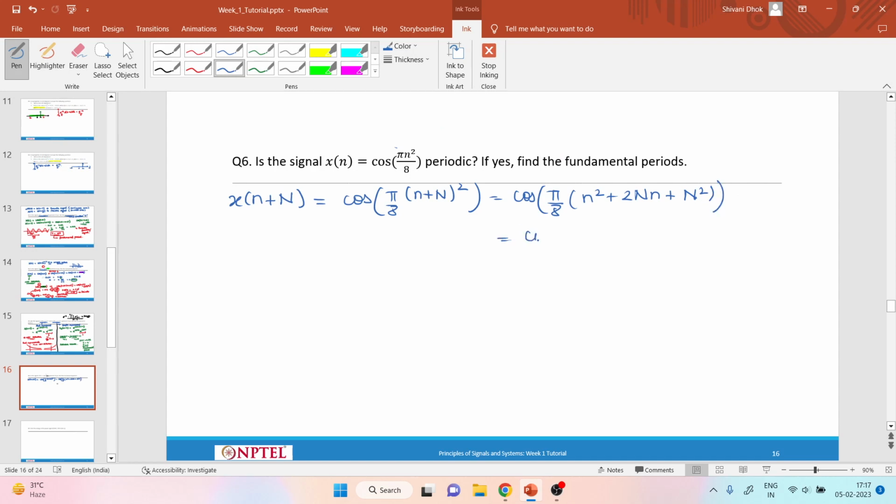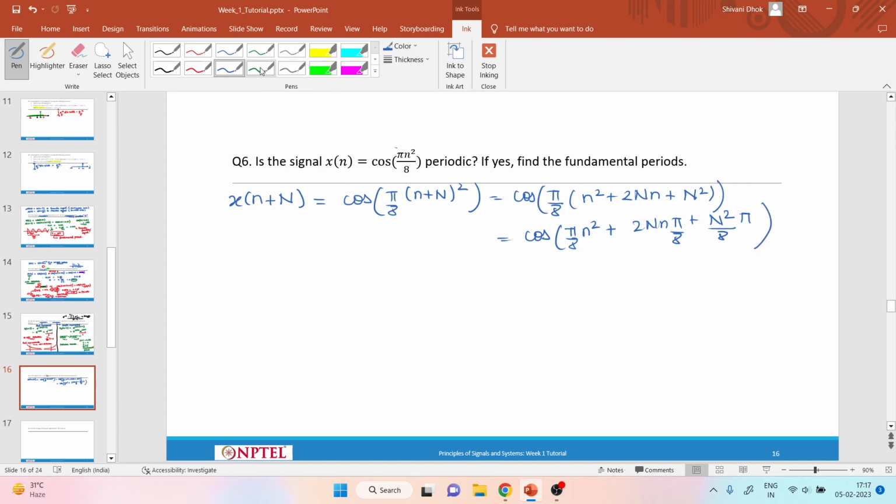So this is equal to cos of pi by 8 n square plus 2nN pi by 8 plus N square by 8 into pi.